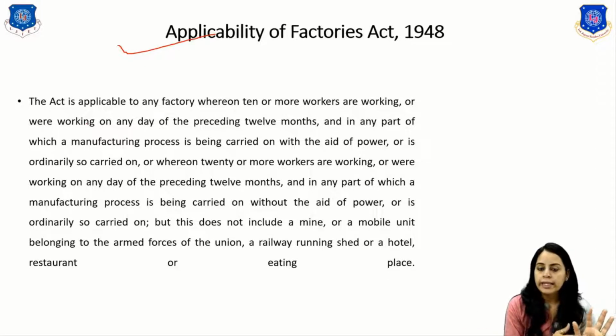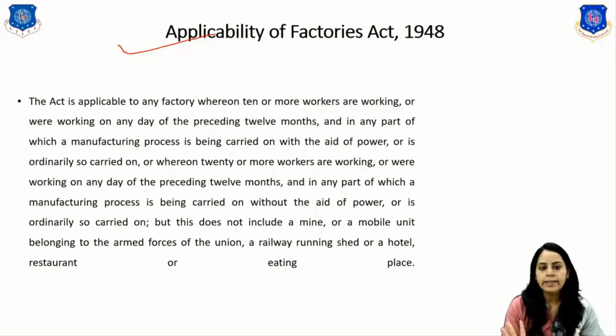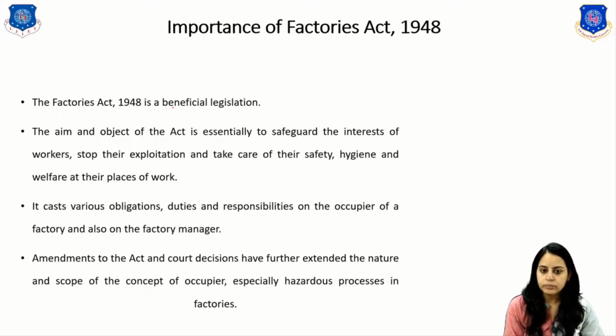But this does not include a mine, a mobile unit belonging to the armed forces of the Union, a railway running shed, or a hotel, restaurant, or eating place. Okay, this is the applicability of the Factories Act.